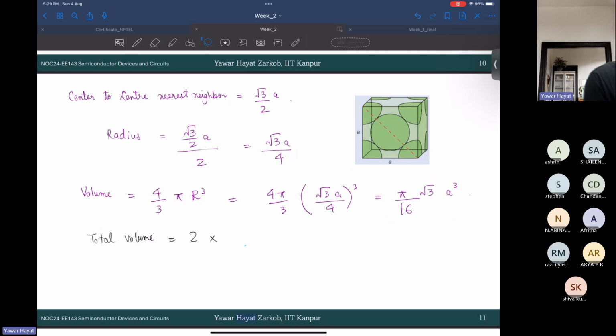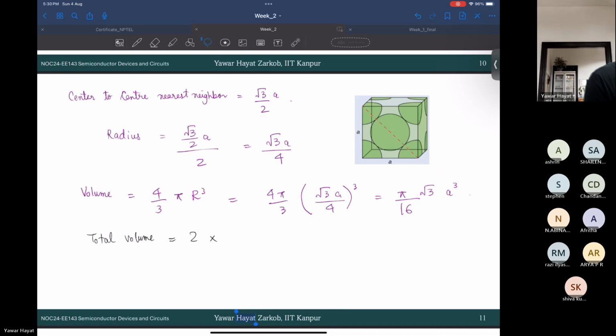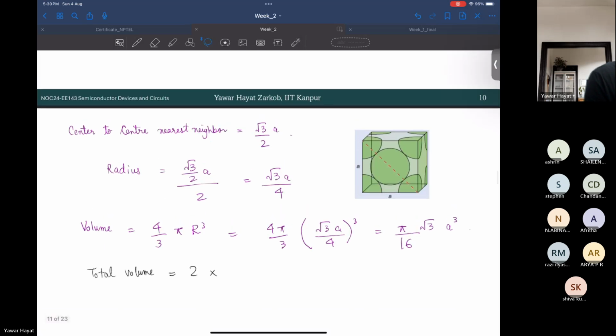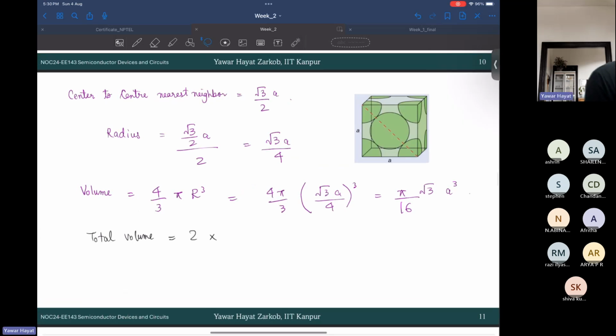Yeah, correct answer. Because for BCC, since it's BCC, that is why we are using this. Wait a second, why am I not able to paste this? I should have been able to copy it first. Just write it out.